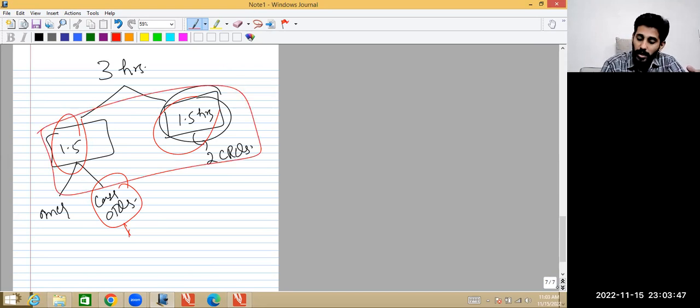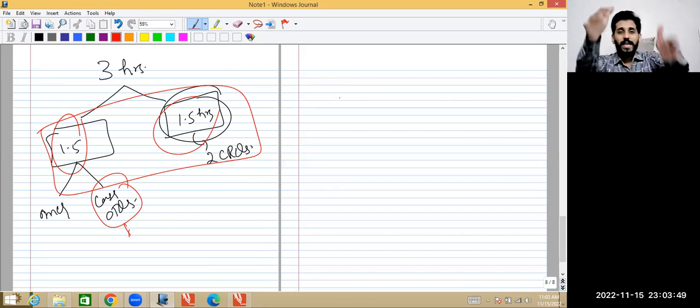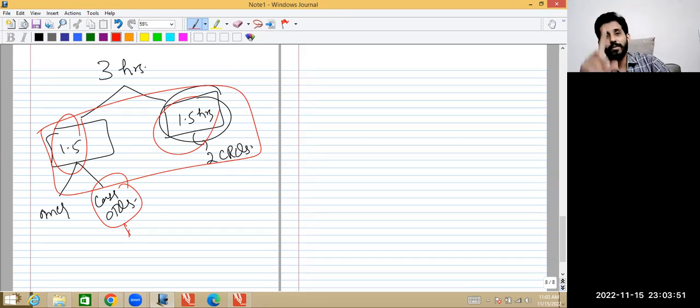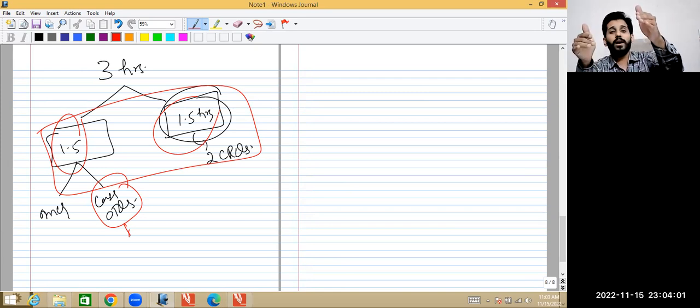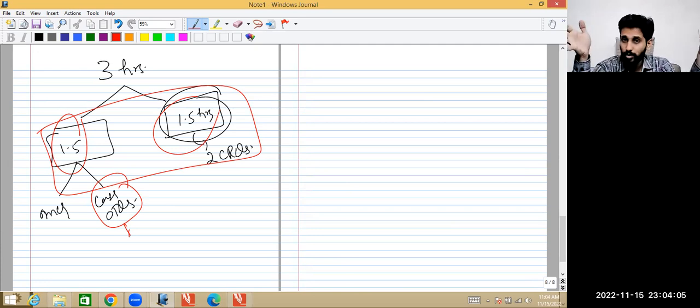This is the time allocation, and the revision planner is this. Number one, keep in mind, do not ignore any topic. Don't go for selected topics. First, you need to solve your costing techniques within 2 days. Yes, you can do it. Do not make excuses. Just find out how you can do it.